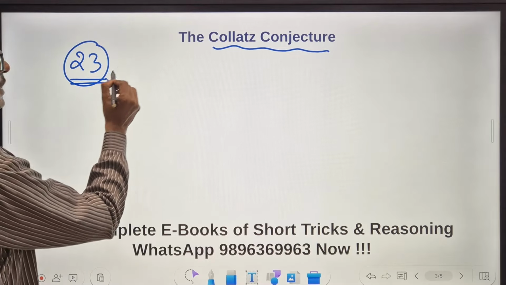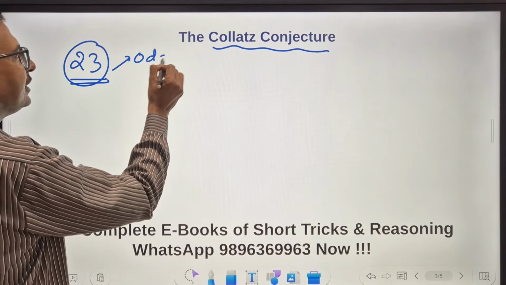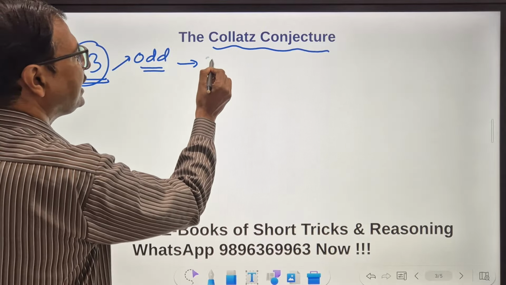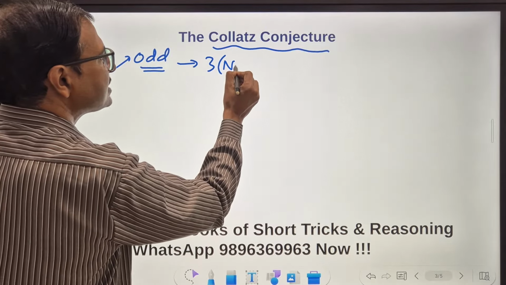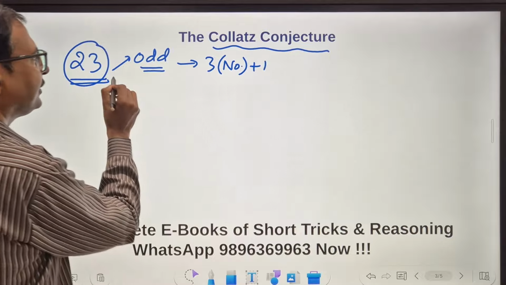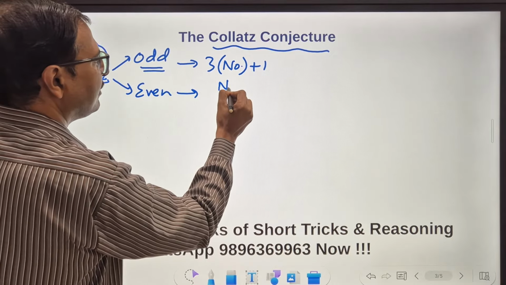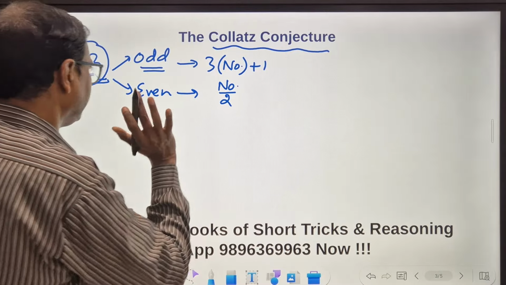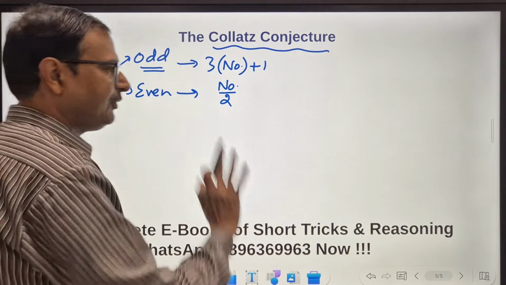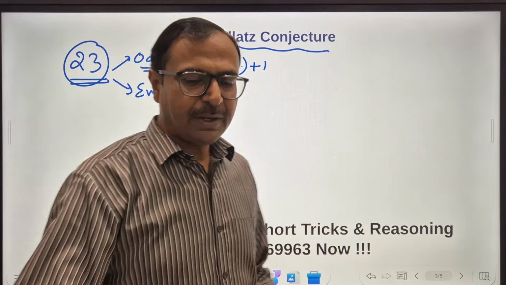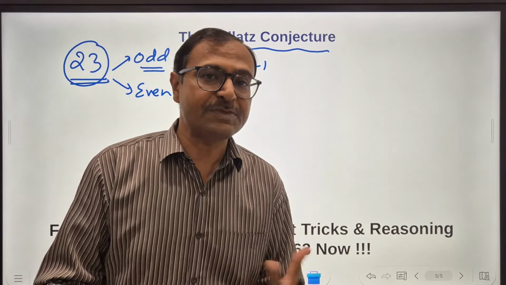If this number is odd, then you do 3 times the number plus 1, and if the number is even, just do the number divided by 2. That means half of the number. Now this is what we have to do with the number and whatever numbers we obtain subsequently.